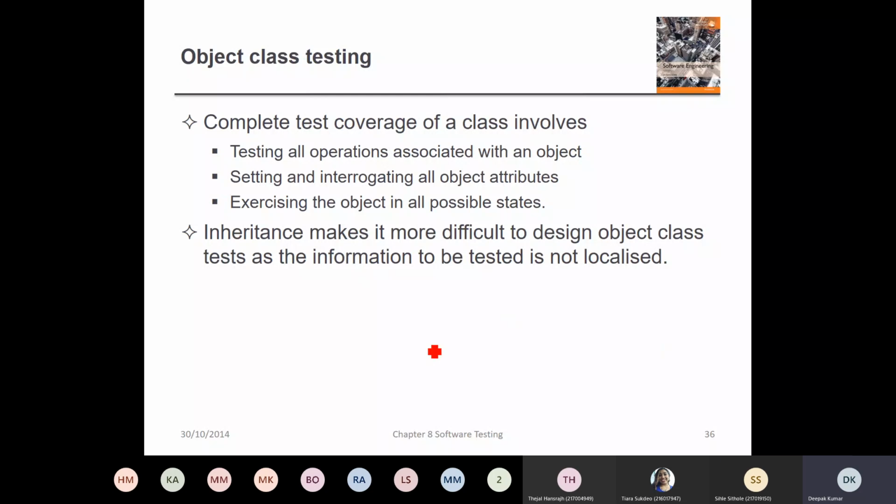The other point here is basically inheritance. So with your classes, as you know, in the object-oriented paradigm, you have a base class, this is class A, which is inherited by a subclass called class B, right?